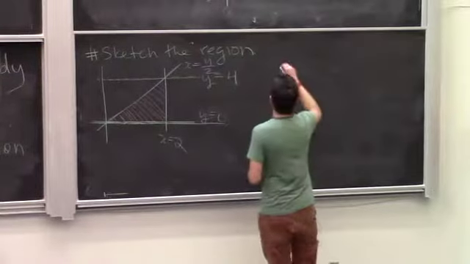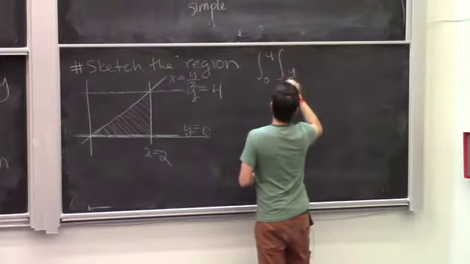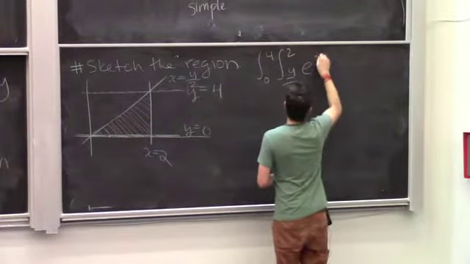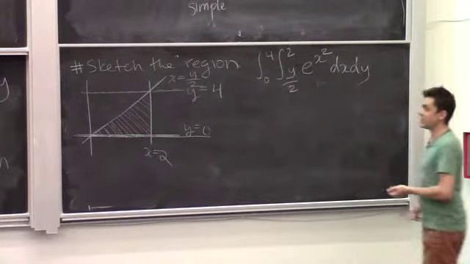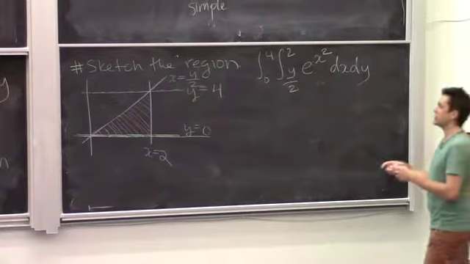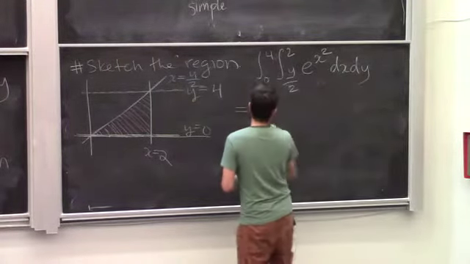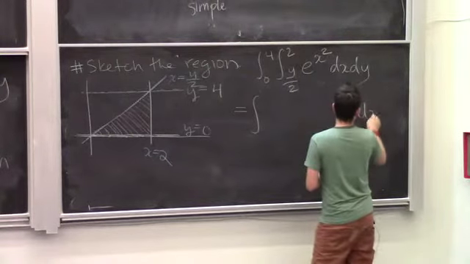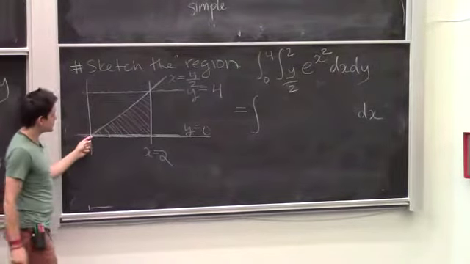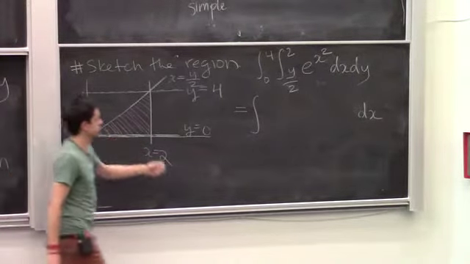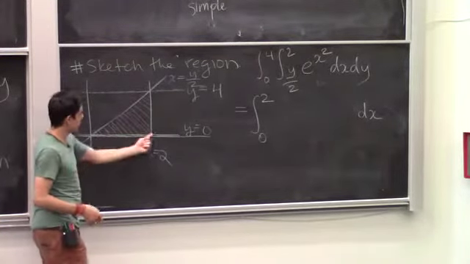Okay, so we want to say that this guy is hard to deal with, but let's deal with the integral with the order reversed now. So with the order reversed, we're integrating from 0 to 2 in x. So we're going this way.